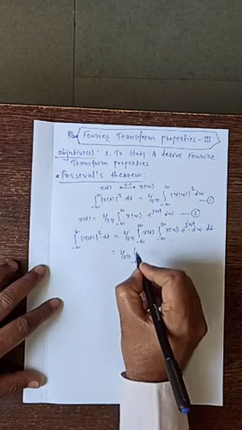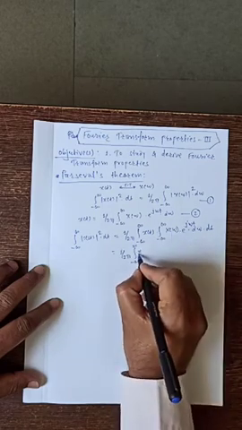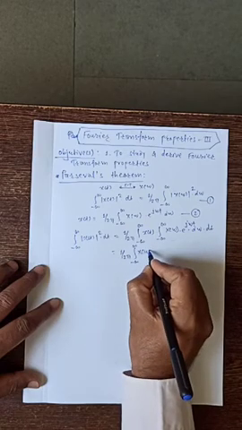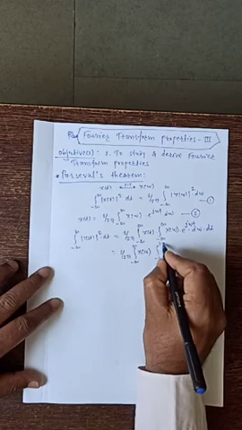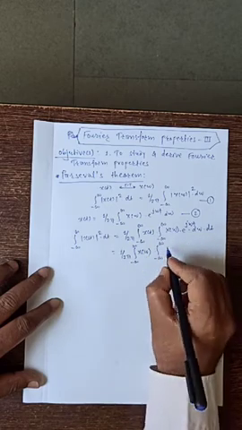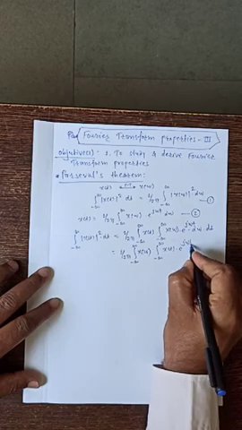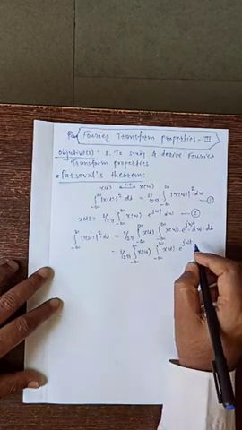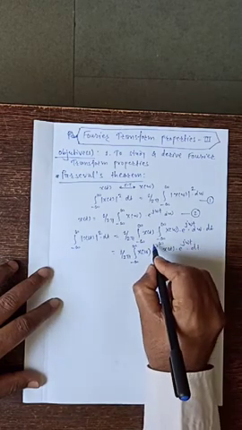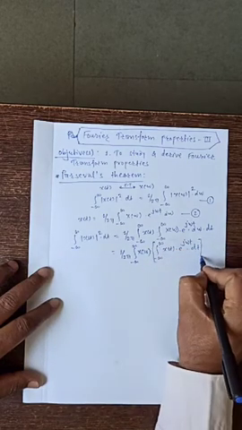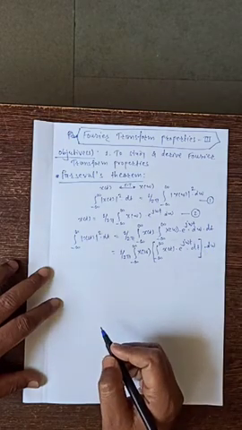So I exchange the integration, taking X(omega) outside of the second integration: X(omega) integration from minus infinity to plus infinity, taking x(t) inside, x(t) e raised to j omega t dt, and this term into d omega, right?